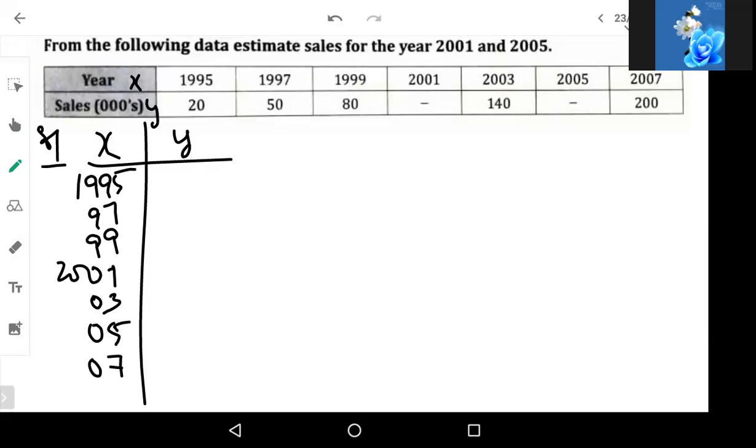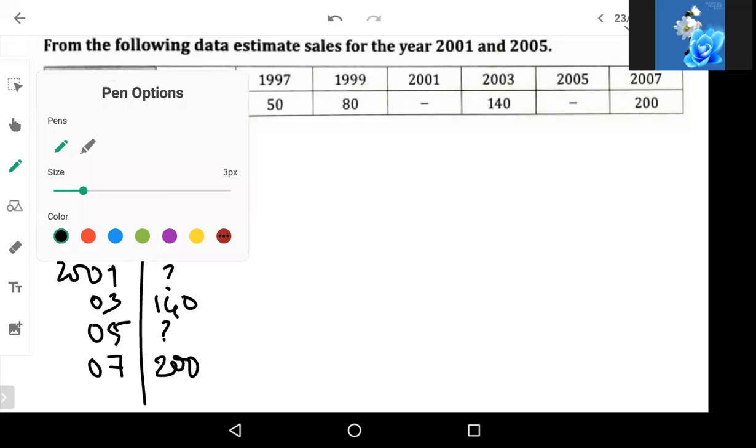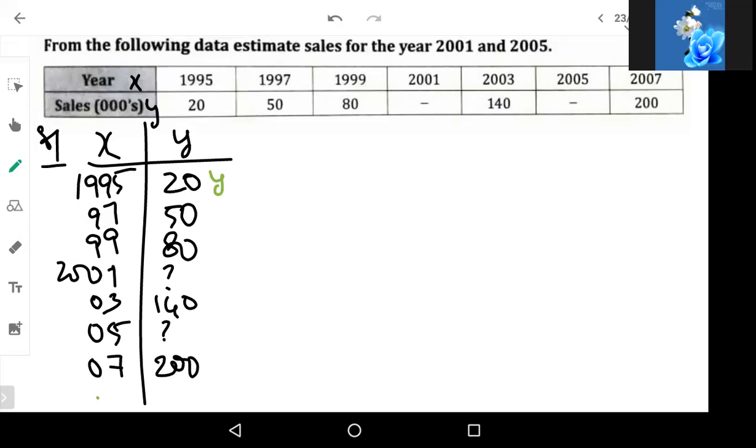And the data here is 20, 50, 80, we don't know, then 140, then again we don't know, then 200. So first, y0, y1, y2, y3, y4, y5, y6.